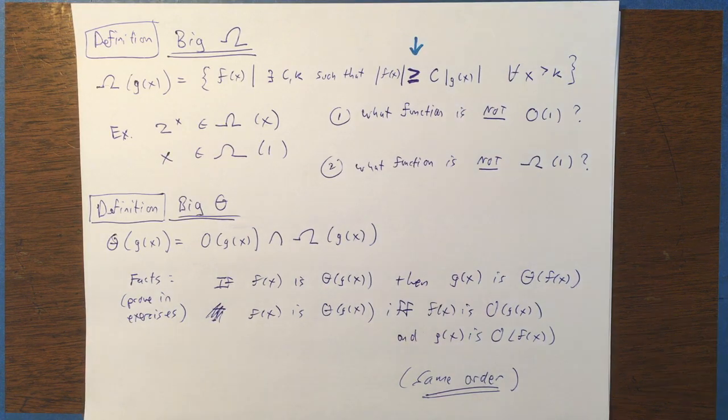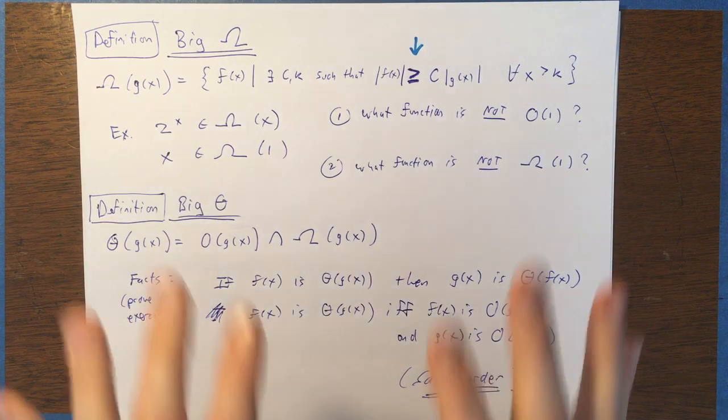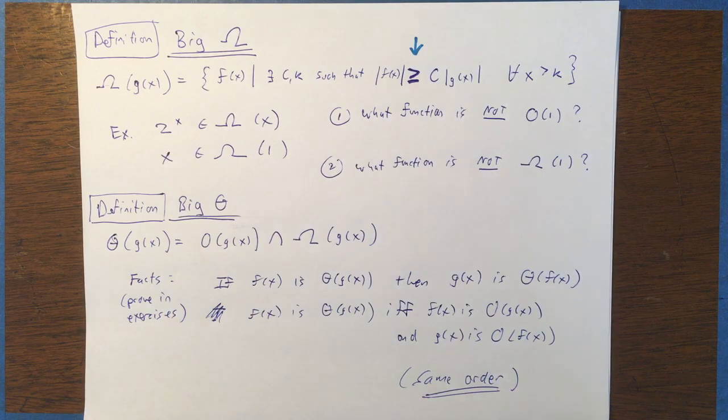So that's what it means for two functions to be the same order. We have the specific notation for that, which is theta. So that builds on the definition of big O and gives us a couple extra notations for talking about things that are of the same order.